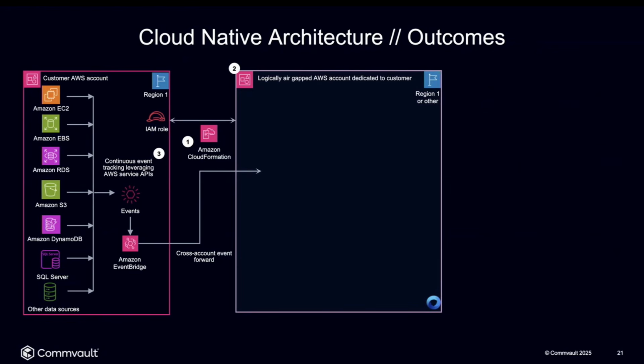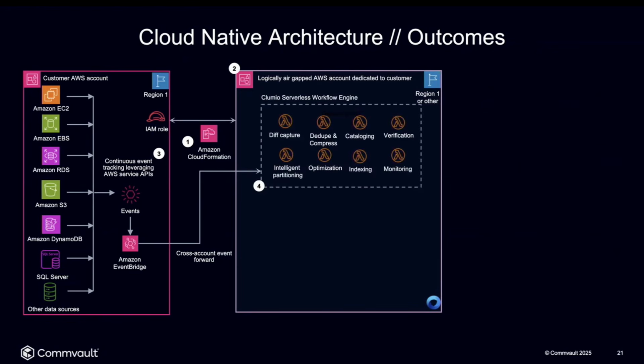We leverage AWS EventBridge to read all the events and then trigger actions on our end. And we have a bunch of serverless Lambdas running that take care of all the tasks that we do. All the sausage making that happens behind the scenes is done by Lambdas. We auto scale out and scale in, depending on the workload, the size of the backups, and so on.